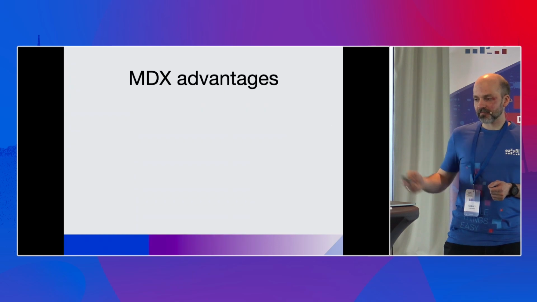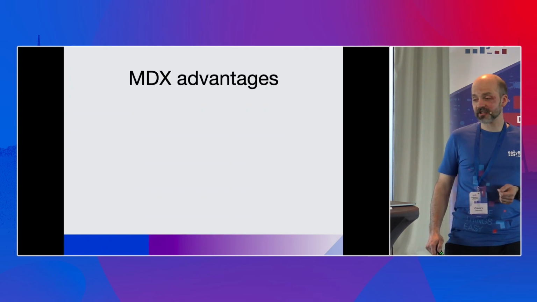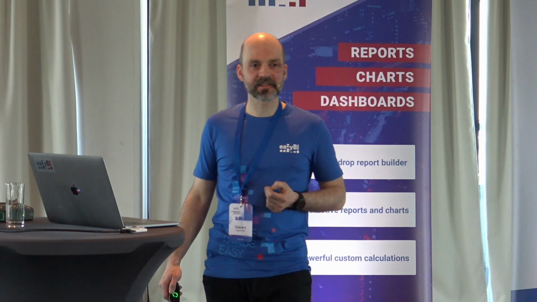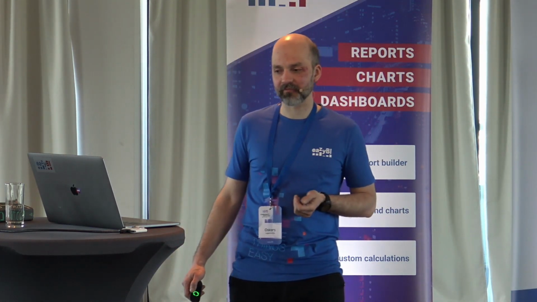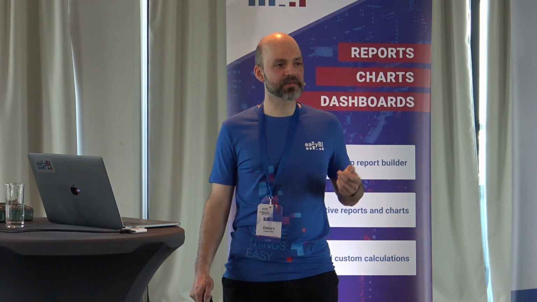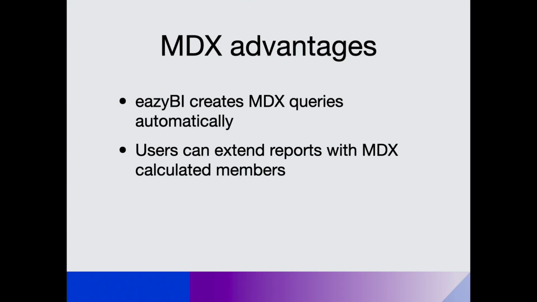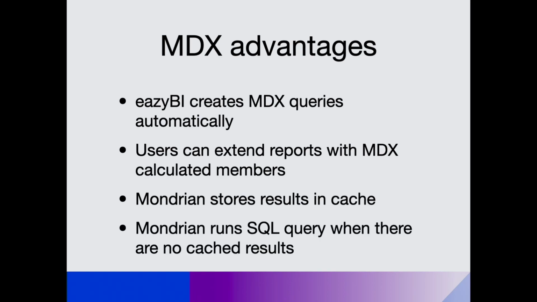Okay, what are the advantages of MDX? eazyBI creates MDX expressions automatically. Users can expand existing MDX by creating their own calculated members. And Mondrian stores results in cache. Therefore, Mondrian runs an SQL query to the database only when there are no cached results.